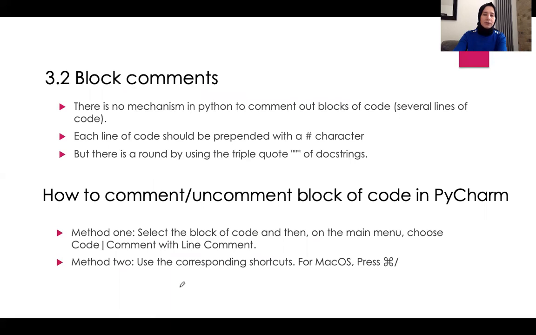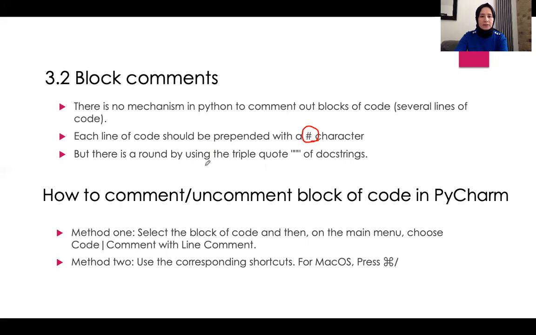Another type of comment is the block comment. In Python, there is no mechanism to comment out blocks of code. Basically, a block of code is several lines of code. When you want to make a block comment of code, each line of code should be prepended with a hash character.